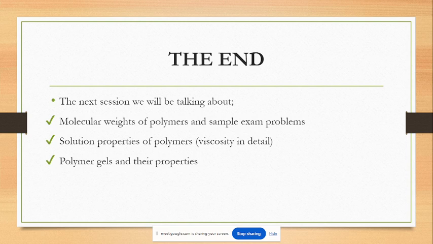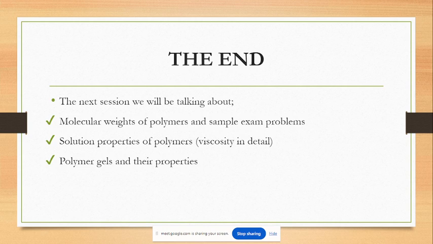Now that is one important application of glass transition temperature. If you thought it was something that you just needed to know theoretically, you need to know it also practically. So that is one application.